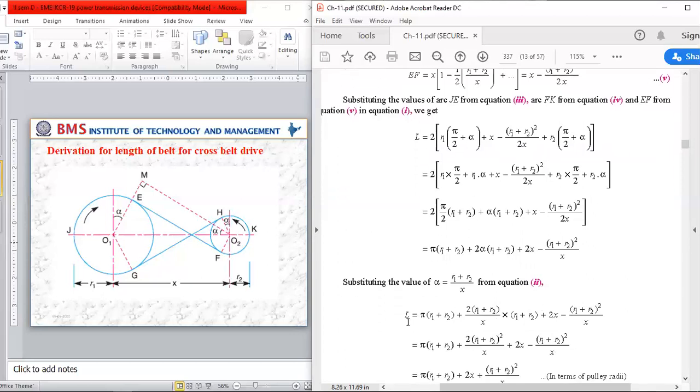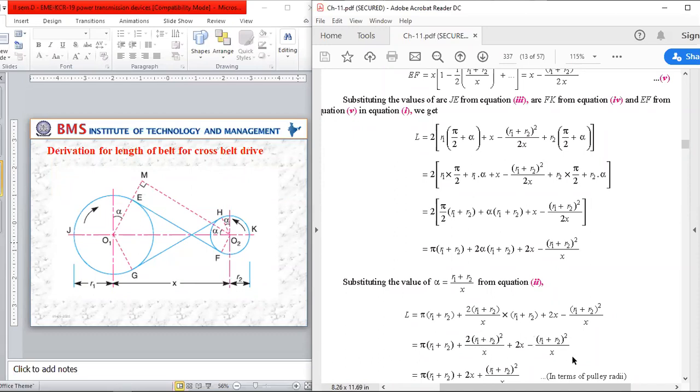Here this is nothing but R1 plus R2 into R1 plus R2, so R1 plus R2 whole square, I'm going to get 2 into R1 plus R2 whole square. So pi into R1 plus R2 plus 2 times R1 plus R2 whole square by X plus 2X minus R1 plus R2 whole square by X. These two terms are the same but with a different coefficient.